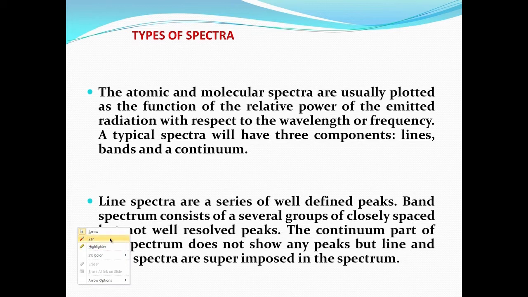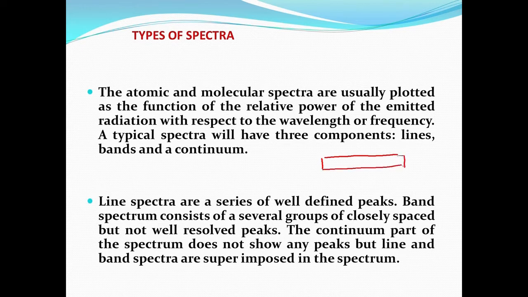For example, I can draw it here. If I have a spectrum like this, I will see a peak like this, different line spectra. On a photographic plate, all these things will look like dark lines. And in band spectra, what I see is a peak like this.